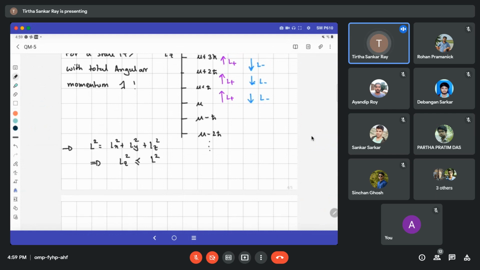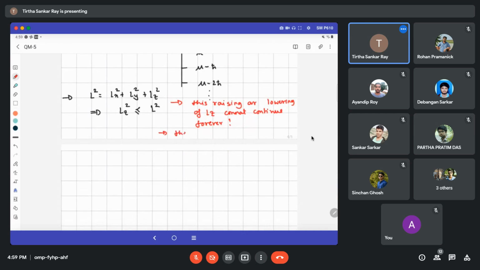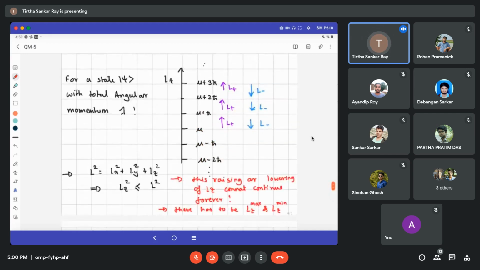So what this is implying is a very important thing: this raising or lowering of Lz cannot continue forever. There has to be a maximum Lz and there has to be a minimum Lz. And basically, the Lz values range from this Lz min to this Lz max with discrete intervals of h cut, because this has to happen.